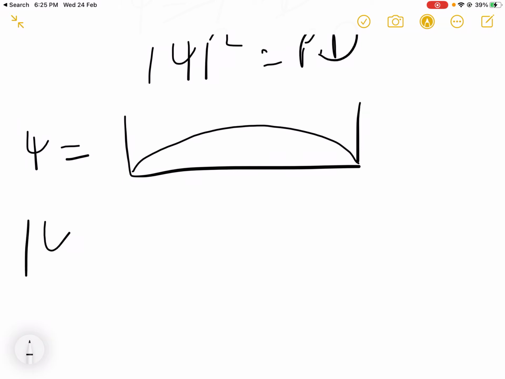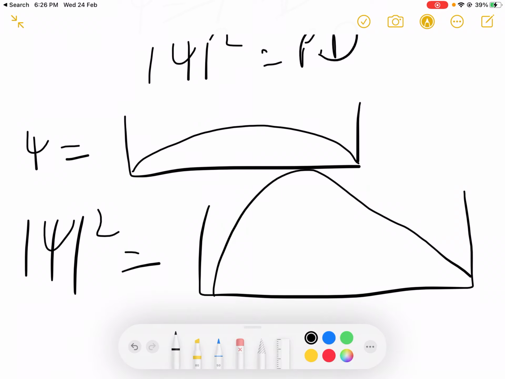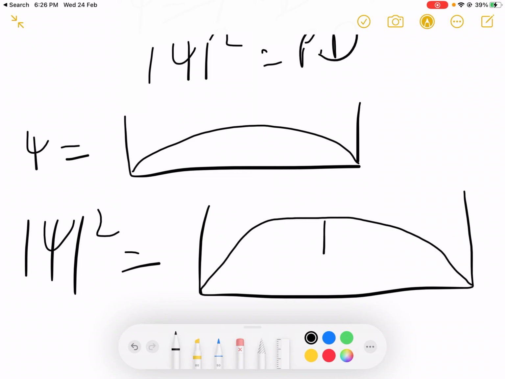Then we square mod it, and this is at the lowest energy state. Alright, it will look like this. So we have the greatest chance of finding the particle over here and the least chance of finding it over here or here.